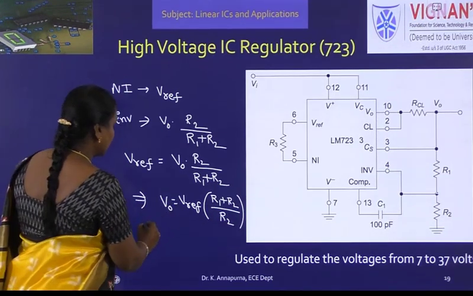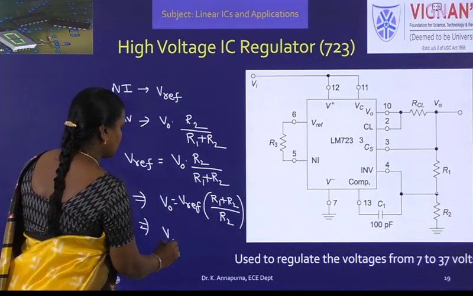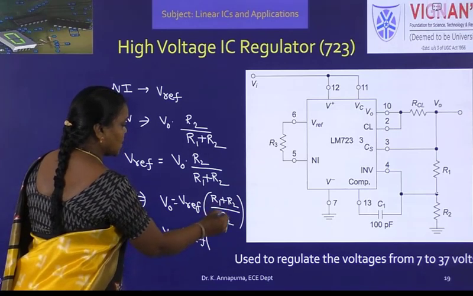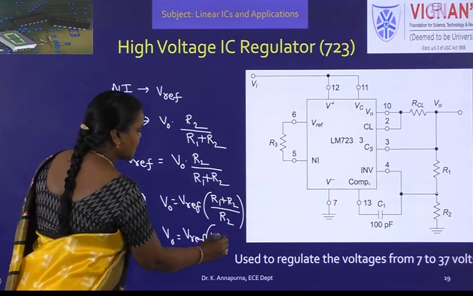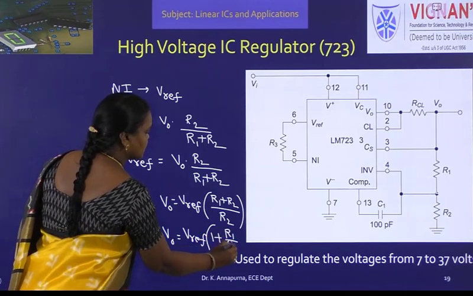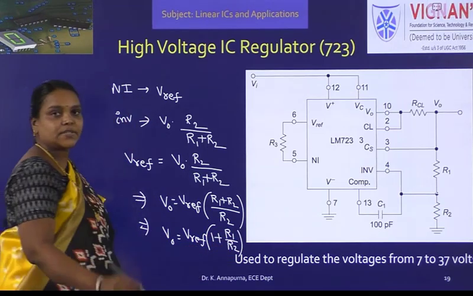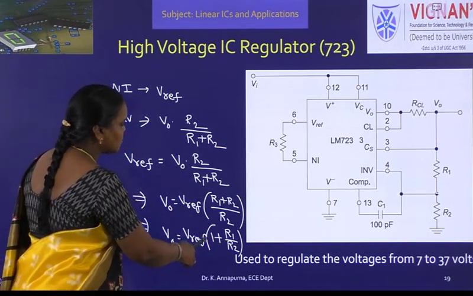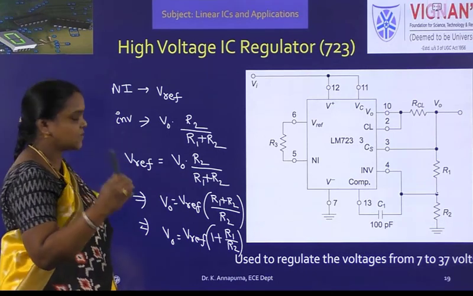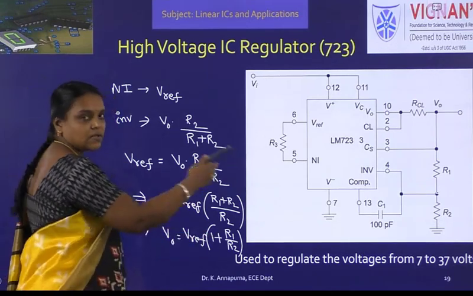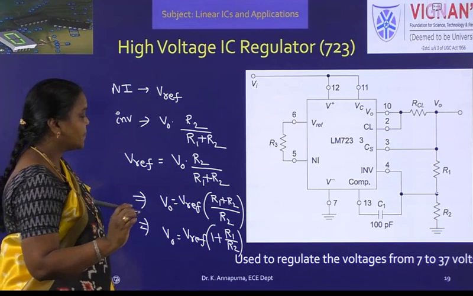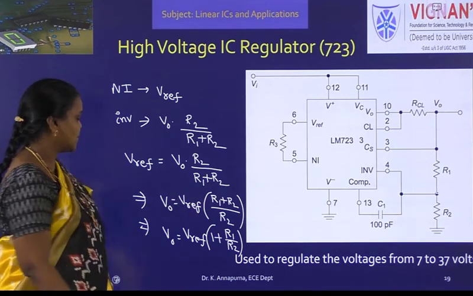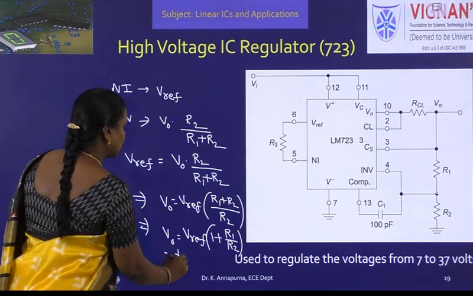So V0 is equal to V reference into 1 plus R1 by R2. So by taking different values of R1 and R2, we can have values of V0 more than V reference, because it is 1 plus times, meaning more than V reference, and we can change from 7 volts up to 37 volts. We can vary from 7 to 37 volts.